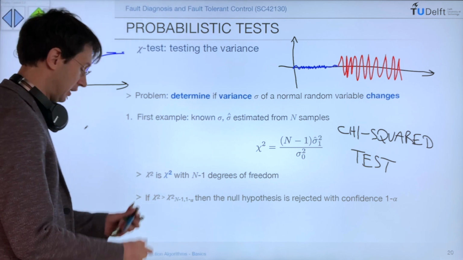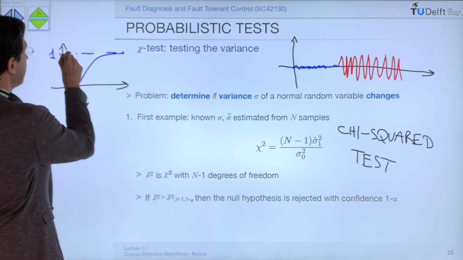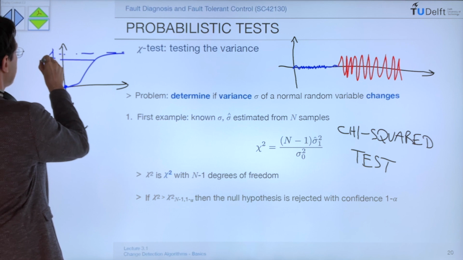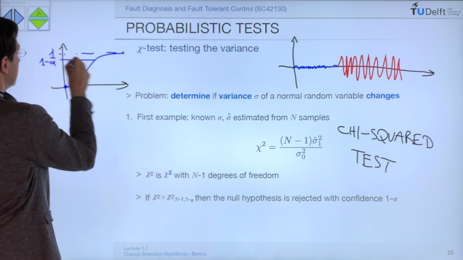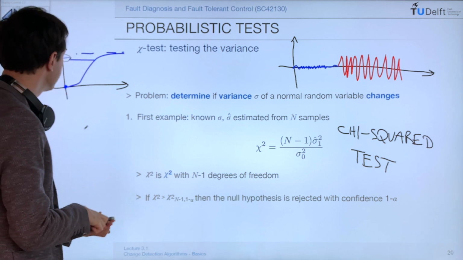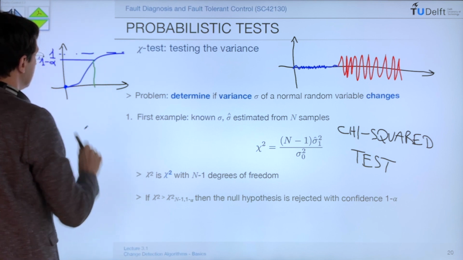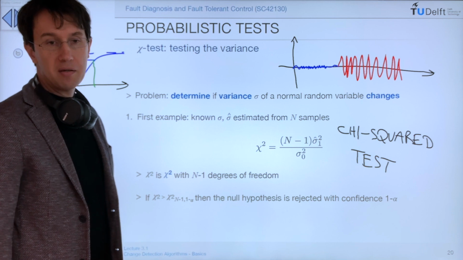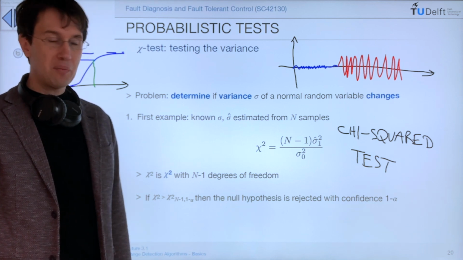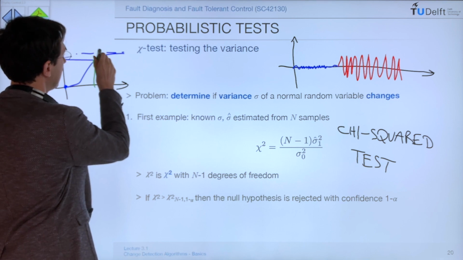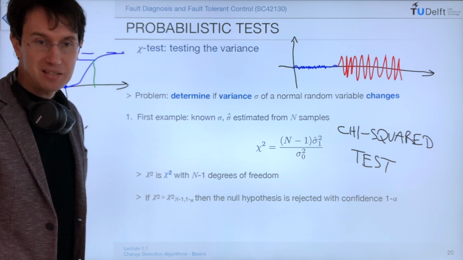Or you can also do another thing. You identify here in the CDF plot the point that has a CDF equal to 1 minus alpha, which means everything on the right has a probability alpha to occur.